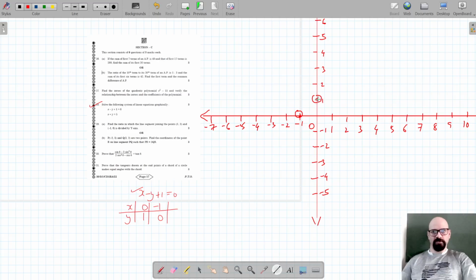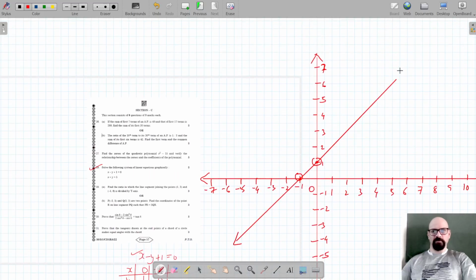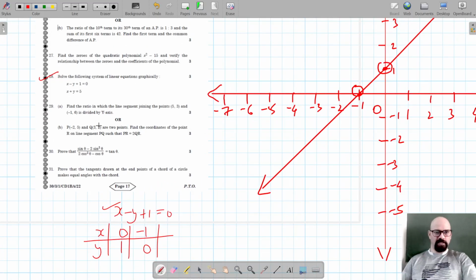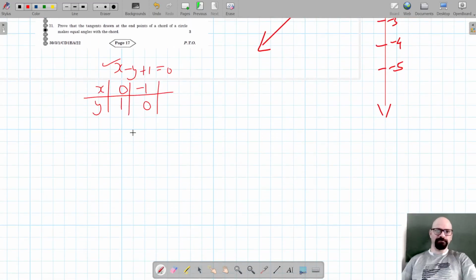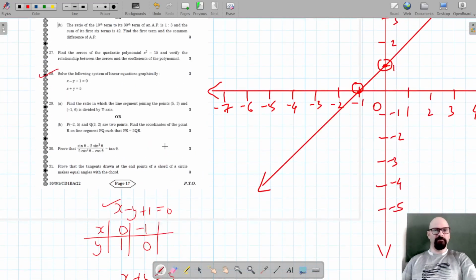If I join these two points, this is the line of the first equation, x minus y plus 1 is equal to 0. For the next line, it's x plus y is equal to 5.